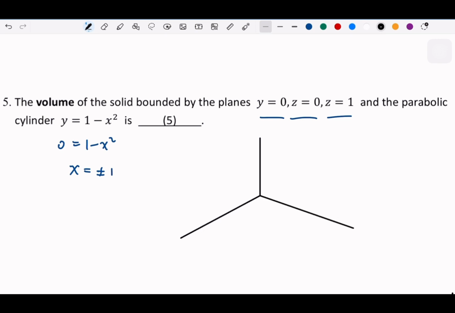Suppose this is z, this is xy. It should be longer that way because the parabola is going that way, right? So the parabola will be, this one is one maybe here.